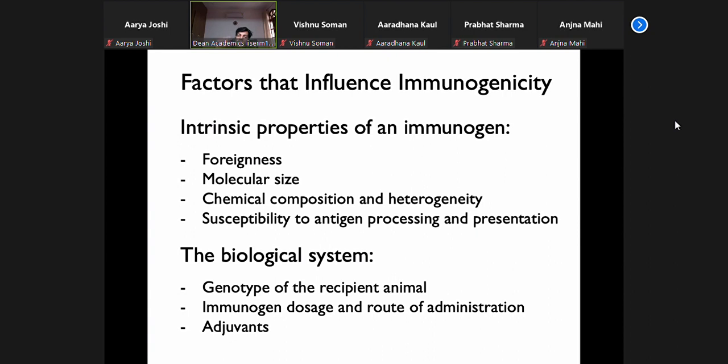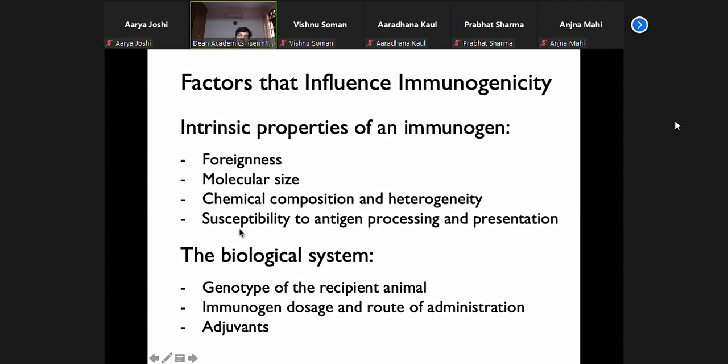If it has repeating units, it's not immunogenic. That's the third property of an immunogen: it has to be bigger in size, heterogeneous in nature, and repeating units are less immunogenic than heterogeneity.